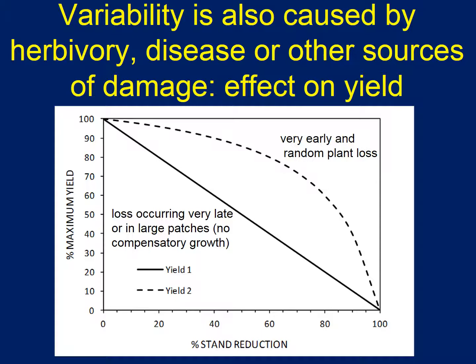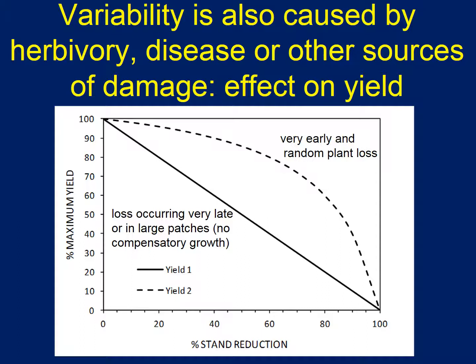What is the effect on yield of these plant losses? In this graph we have plotted the yield expressed as percentage of the maximum value as a function of percent of stand reduction. We see two possible functions.